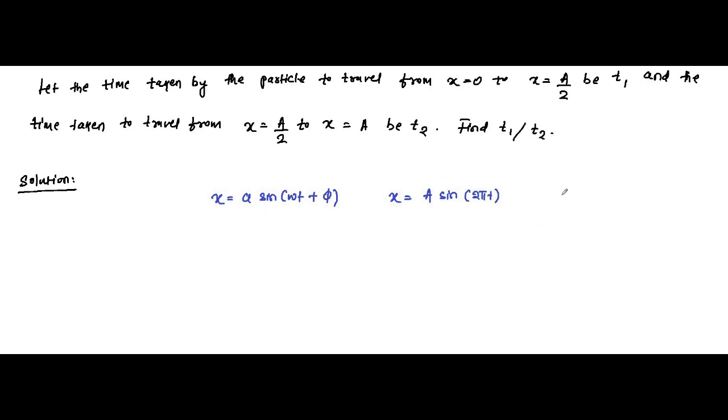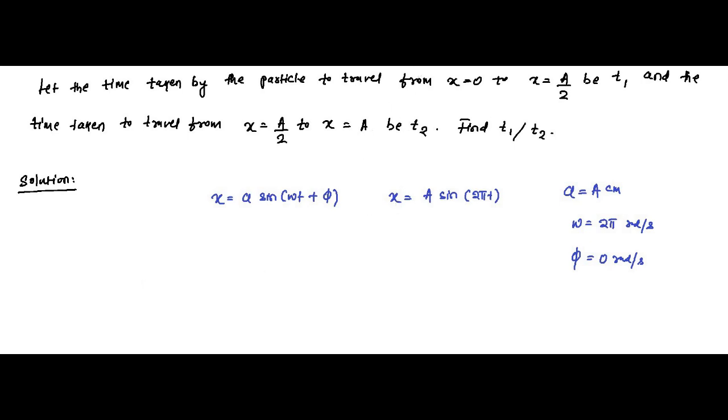So here amplitude is equal to A, omega, the angular frequency, is 2 pi radians per second, and the initial phase angle is 0. Okay, so let us try to understand this.